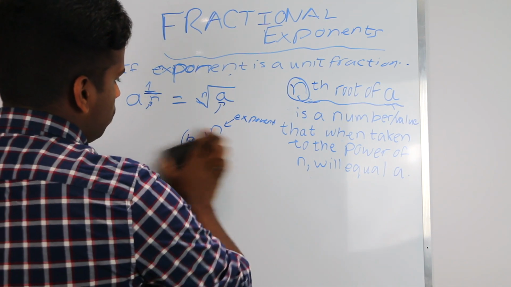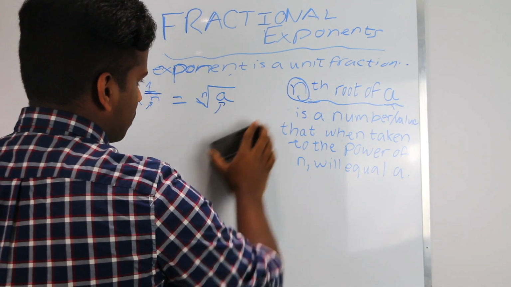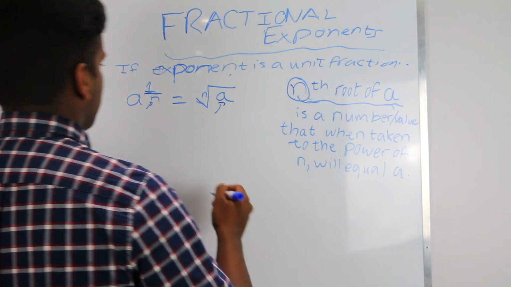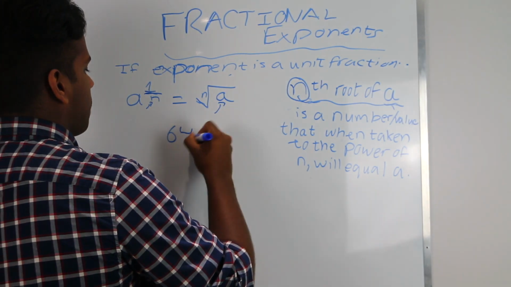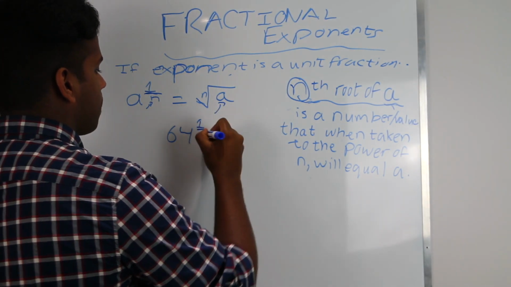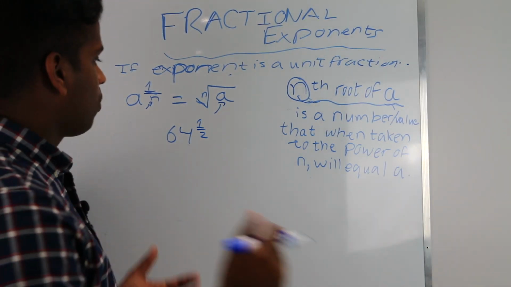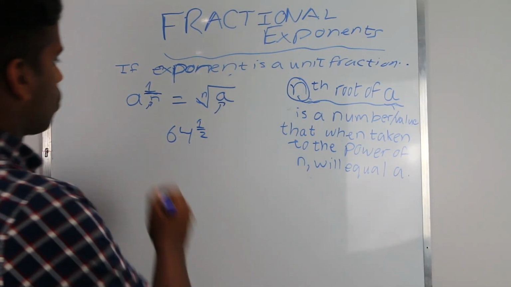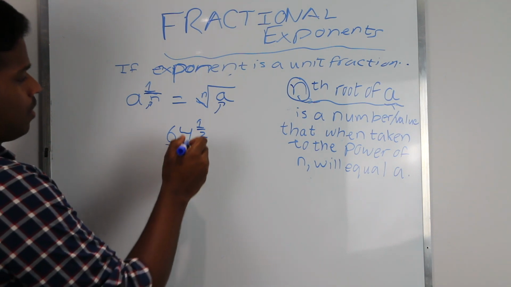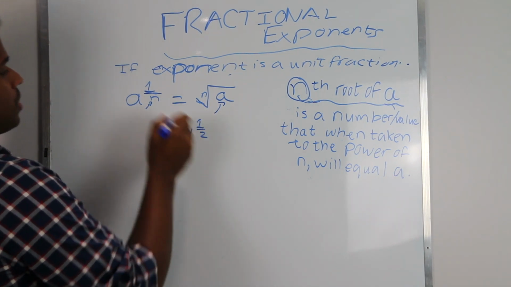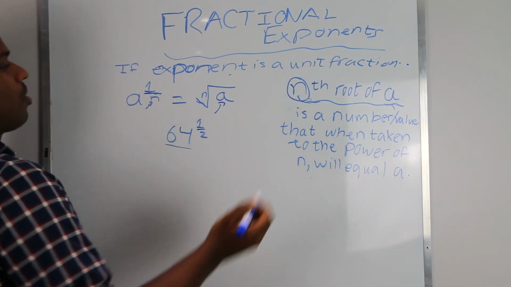Let me show you a couple of examples. 64 to the power of half. We have an A value, we have a unit fraction, and we have an n value of 2.